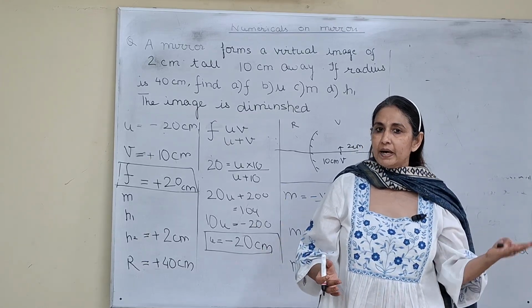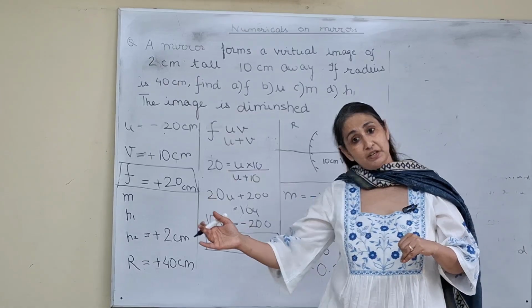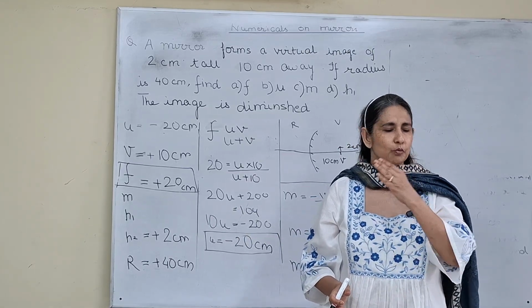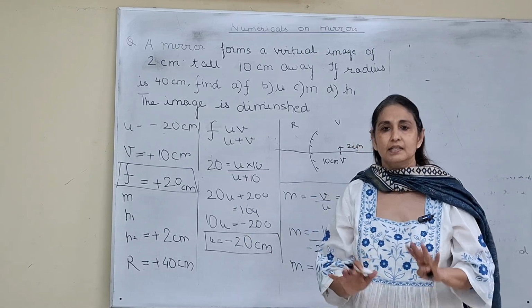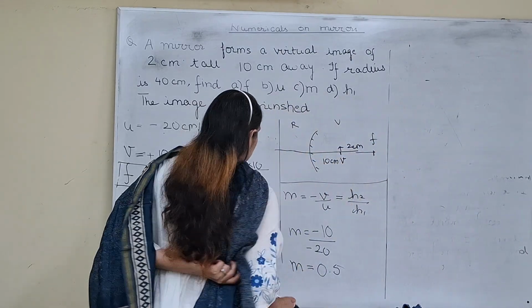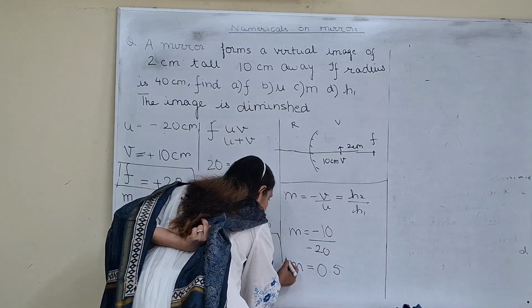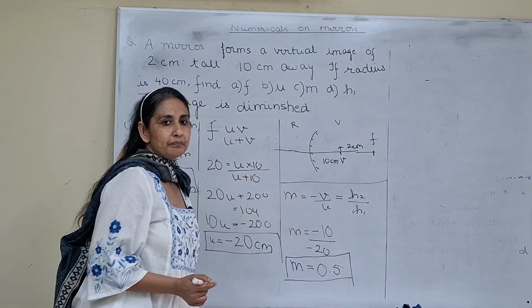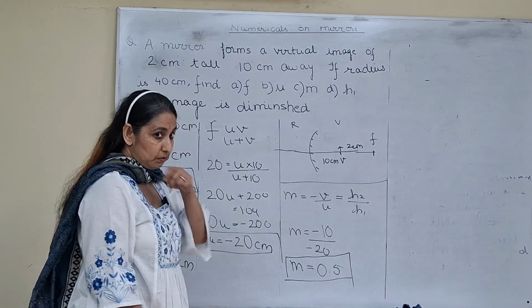But it cannot be minus 2, it cannot be plus 5. It can be 0.2, 0.5, 0.9, anything. That is possible for only a convex mirror, and we have verified by finding out that magnification is positive 0.5. So this also tells us that.